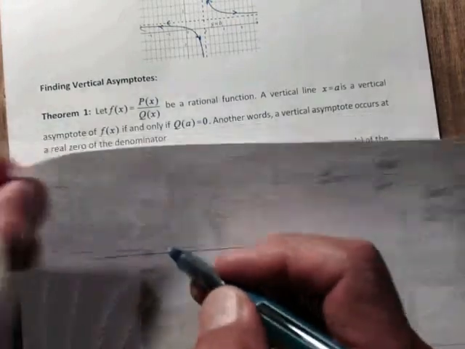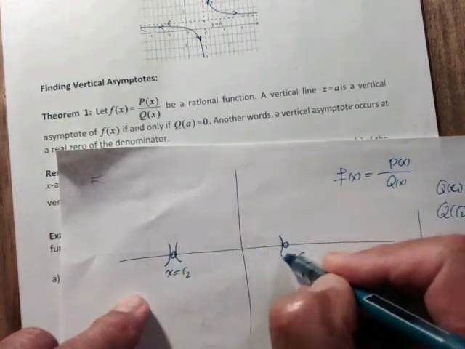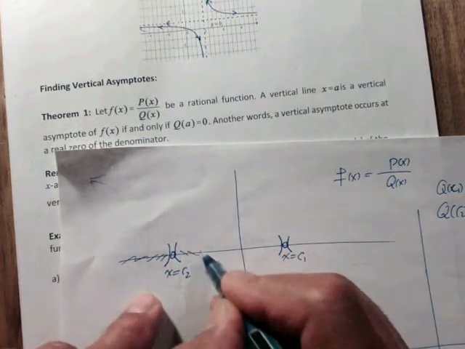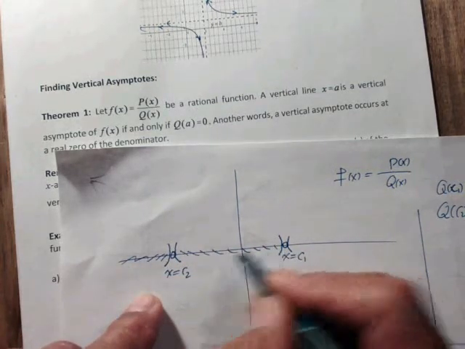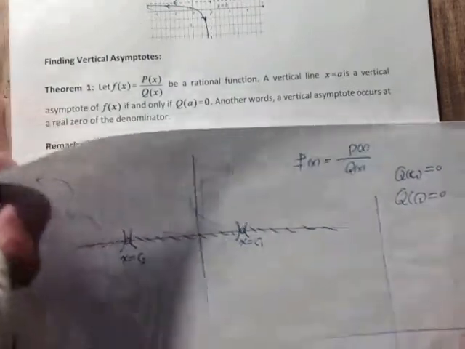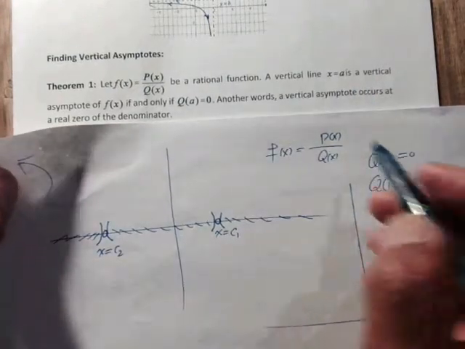So the domain is like this. We discussed this. The domain is everything to the left, everything between these two, and everything to the right of this. But this theorem says those numbers that make the denominator 0 give a vertical asymptote.